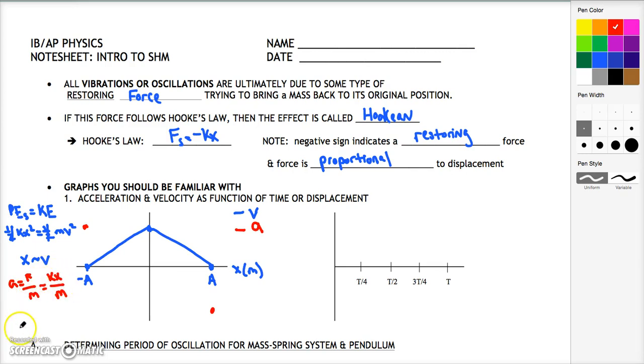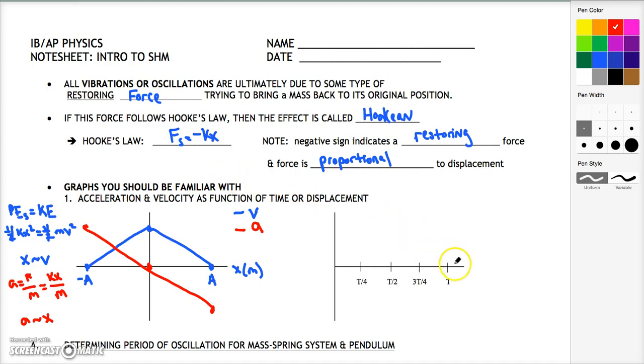This is important because now we can see that a is directly proportional to x. In the middle, the acceleration is 0, since the force is essentially going from one spring to the other. So we end up getting a linear graph here as well.